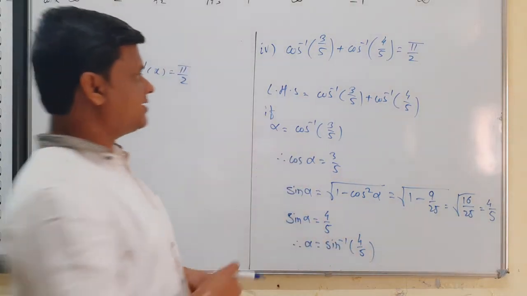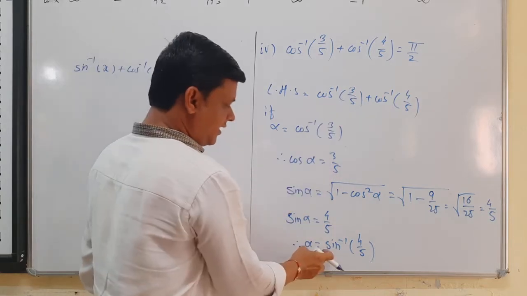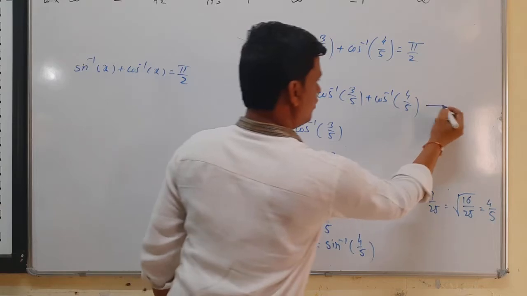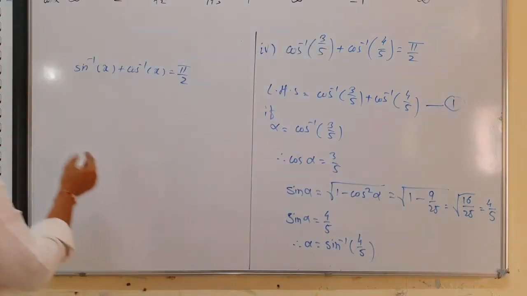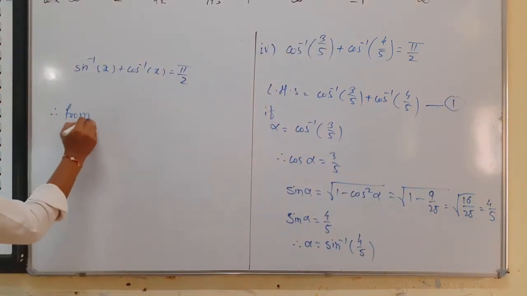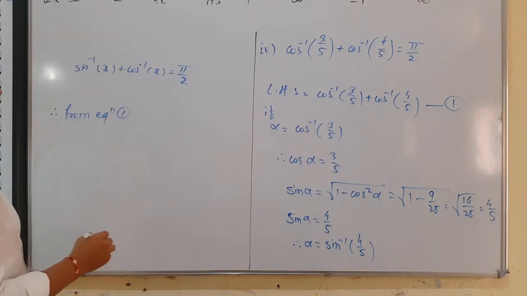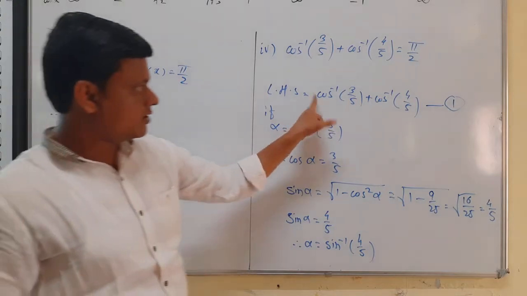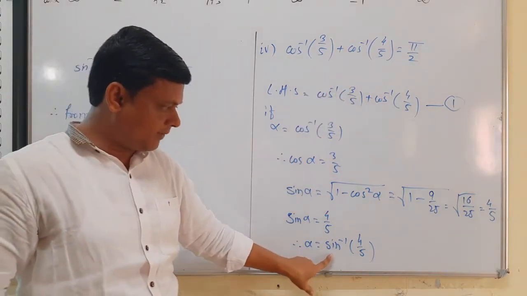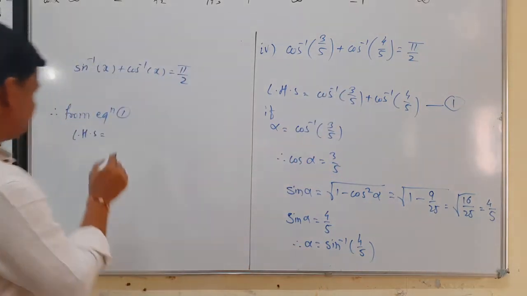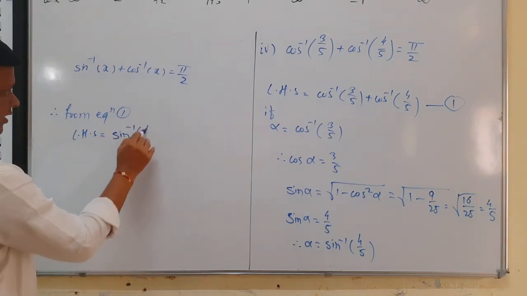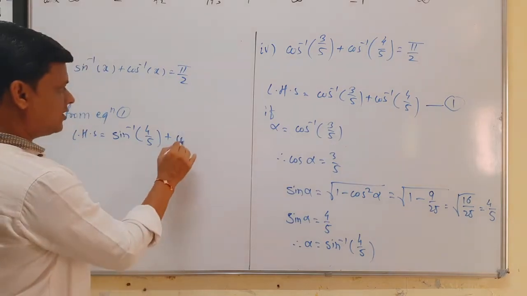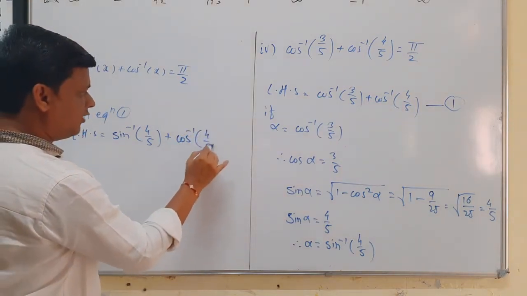If we replace this first term by this sin inverse 4 by 5, and denote it as equation number 1, therefore from equation 1, LHS is equal to cos inverse 3 by 5, which we replace by sin inverse 4 by 5, sin inverse 4 by 5 plus this second term, keep as it is, cos inverse 4 by 5.